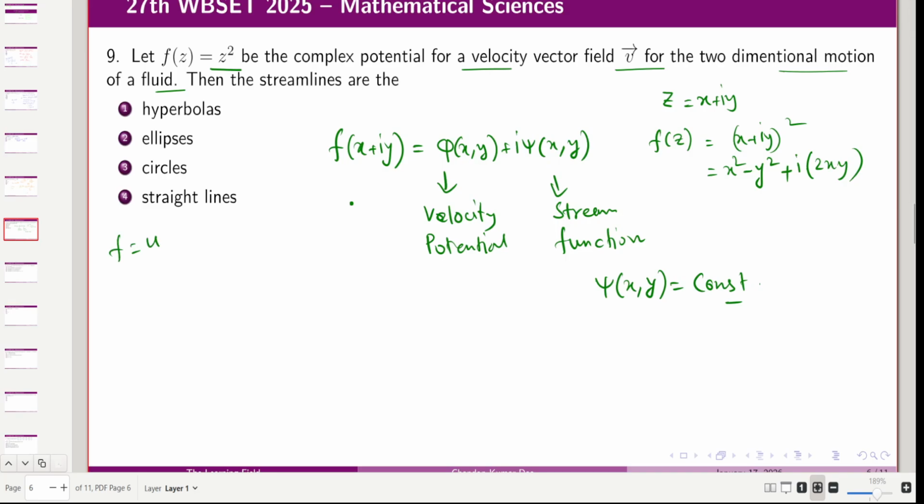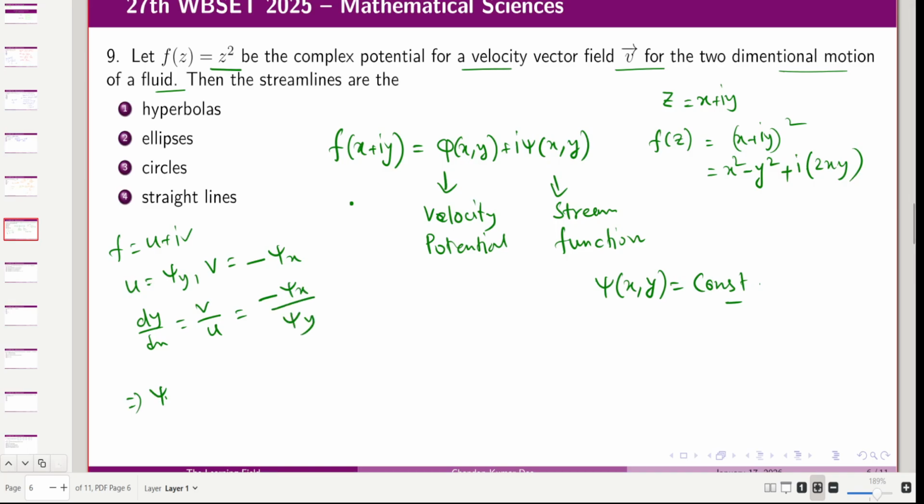If f equal to u plus iv satisfies the Cauchy-Riemann equations, then u equals psi_y and v equals minus psi_x. Now dy by dx equals v by u, which is the equation of a streamline, equal to minus psi_x by psi_y.